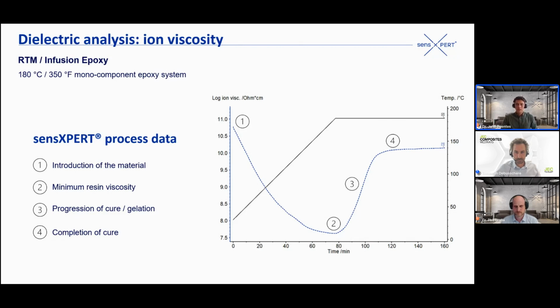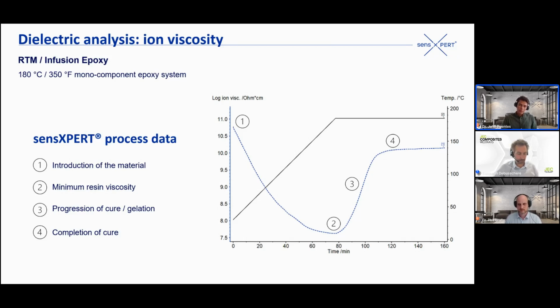DMA, rheology. So here the resistivity is very analogous to the mechanical viscosity, so we're going to label the resistivity ion viscosity. As you can see in the plot, what happens with our sensors between 1, 2, and 3 looks like a viscosity curve. After that, it's more like a solid behavior.